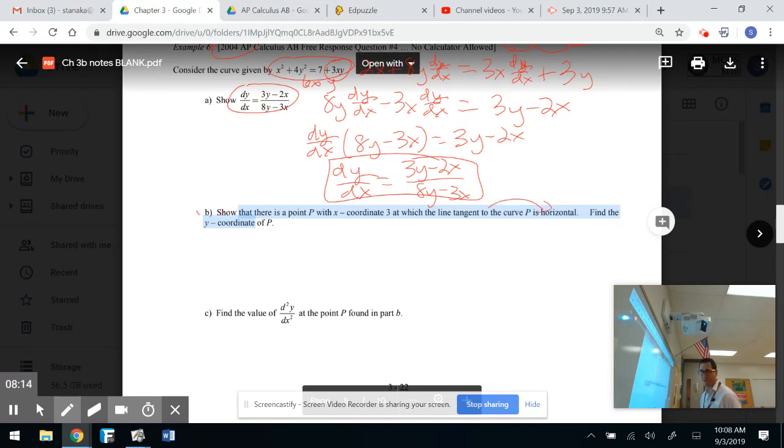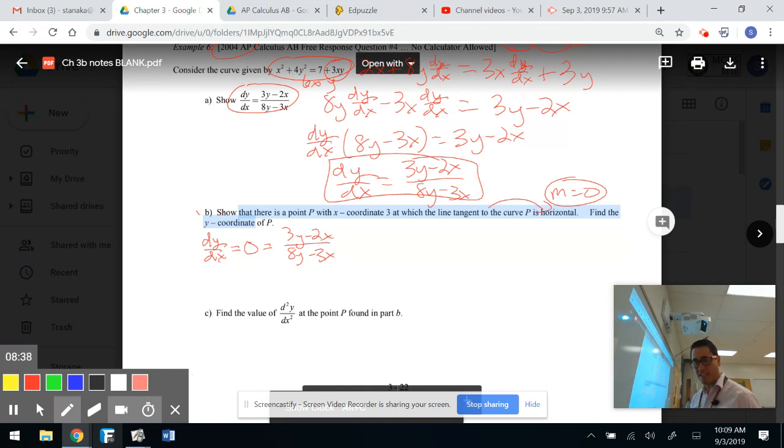Going back to the beginning of this chapter, and even last chapter, that means we want a tangent line slope of 0. Well, that means we want our dy/dx to equal 0, and our dy/dx was (3y minus 2x) over (8y minus 3x). Now, I hope we all remember that a fraction is going to be 0 whenever the numerator is equal to 0, right, class?